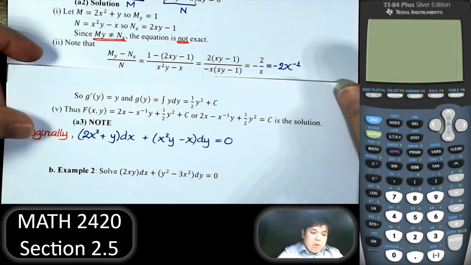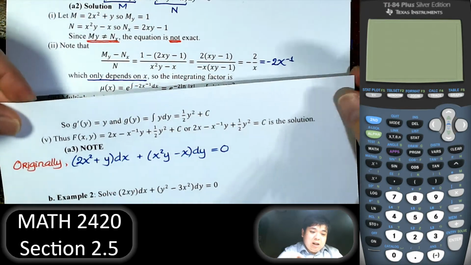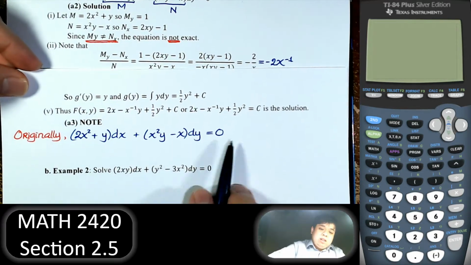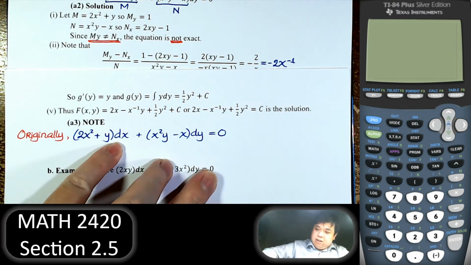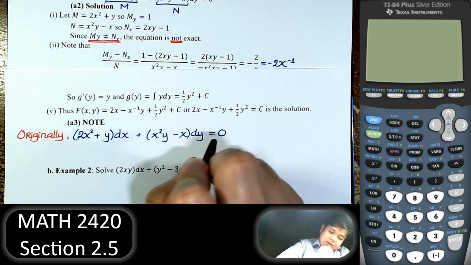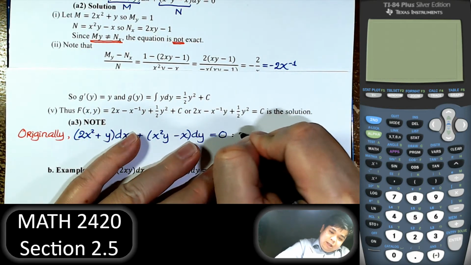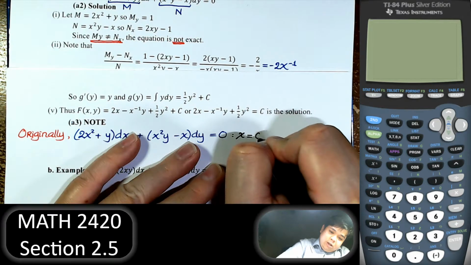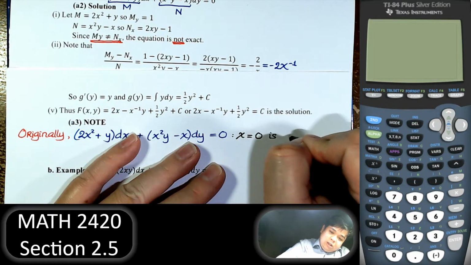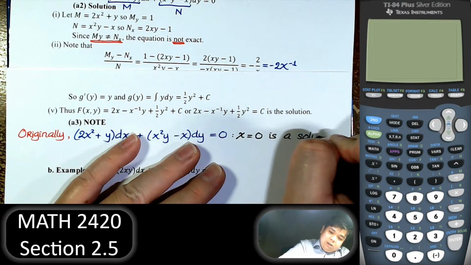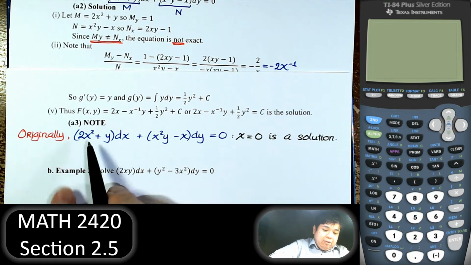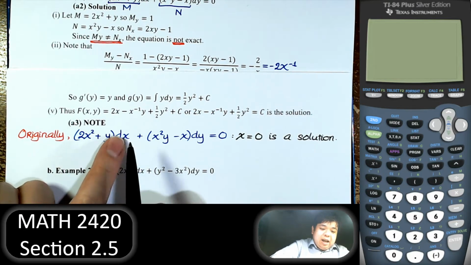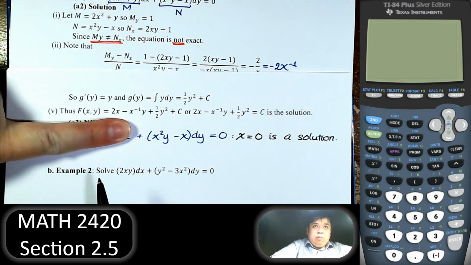I will explain why we have this, but when we look at this, note that if x equal to 0, then dx is equal to 0. For this equation, x equal to 0 is a solution. We can check real quick. If x equal to 0, then dx is equal to 0, so that is 0.